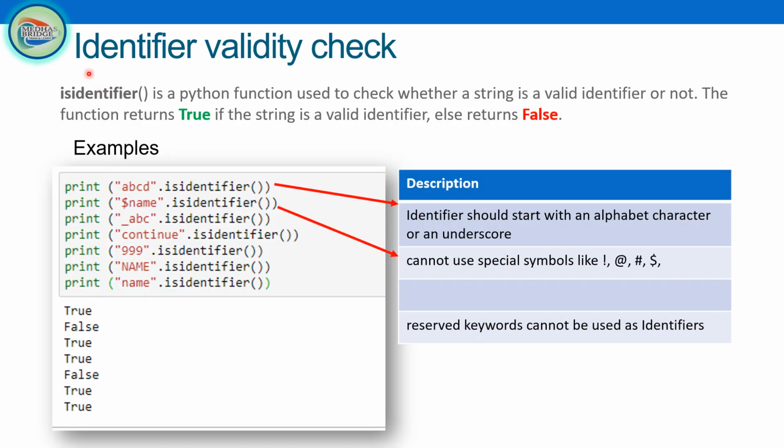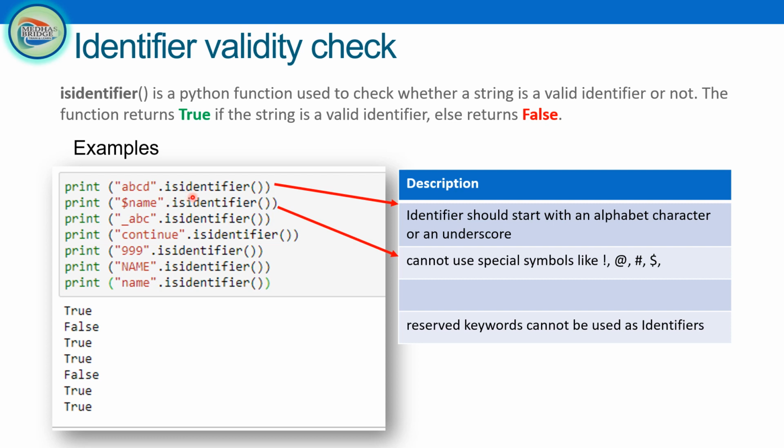Let us look into the identifier validity check. isidentifier is a Python function used to check whether a string is a valid identifier or not. The function returns true if the string is a valid identifier, else it returns false. Here are a few examples. ABCD is a string.